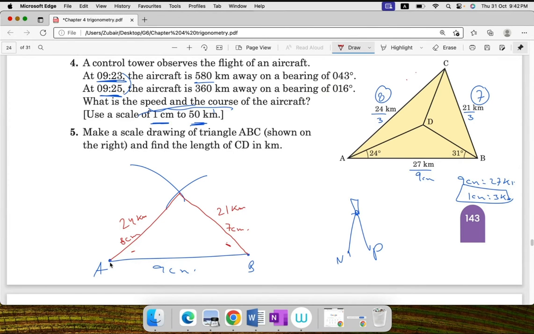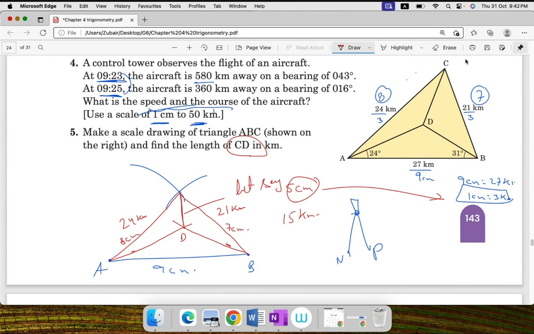So by just using a straight edge, we'll draw these two lines, and where it intersects is D. Now the examiner wants to see CD, so we just measure CD. Let's say this is like 5 centimeters. So if this is 5 centimeters, we'll multiply with our scale, and that would be 15 kilometers on real ground.